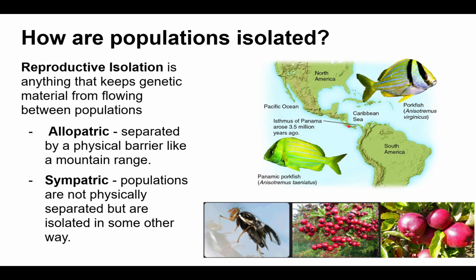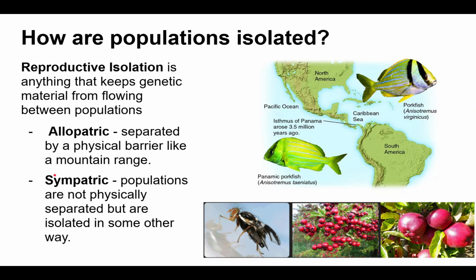Well, once this arose, due to tectonic activity, it separated the population that was here from the population that was here. They no longer exchange genetic material, and over that time they have evolved separately into different colors and are no longer the same species, right? So that would be allopatric speciation.